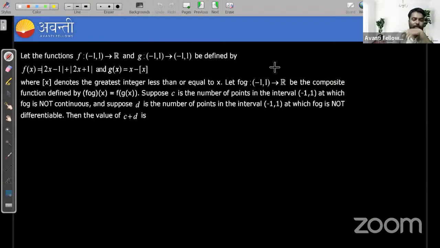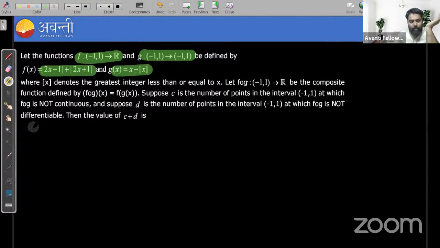It's a lengthy question actually, but I can give you one hint. Okay, so let's solve. It is given in the question: f is a function, g is defined like this, and consider the composite function f of g of x.